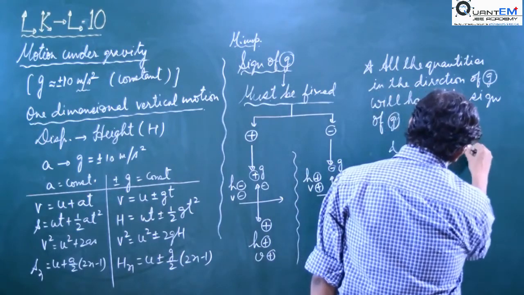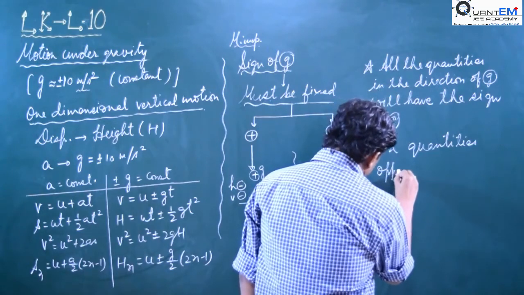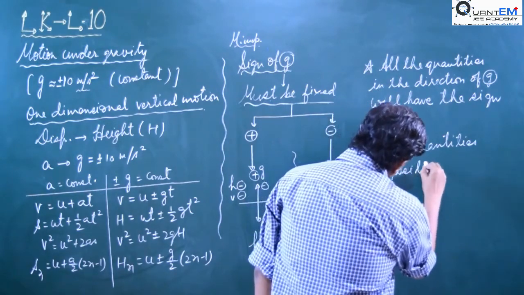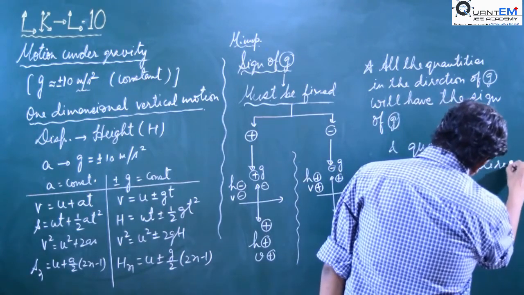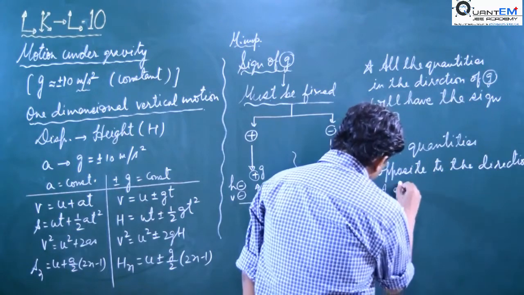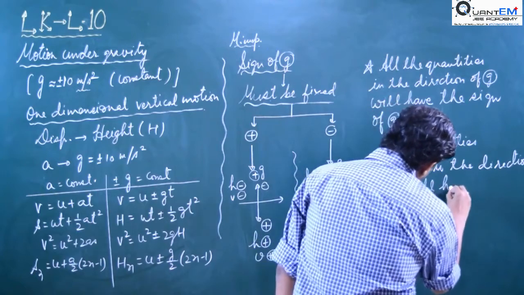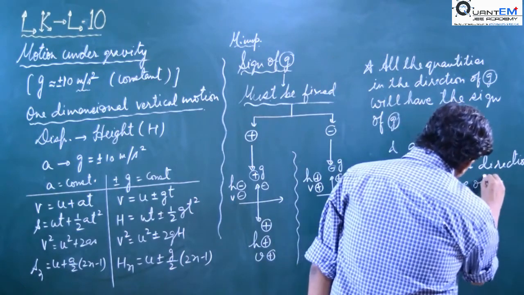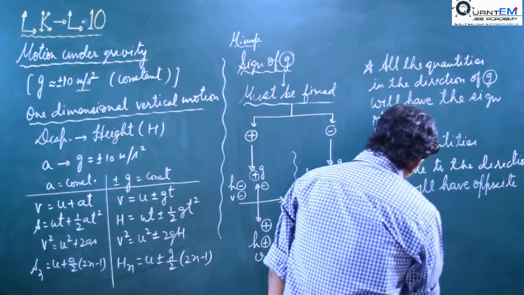Quantities opposite to the direction of g will have the opposite sign.